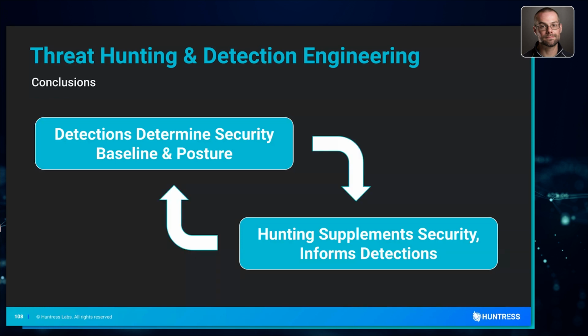As a result, these items should be mutually reinforcing, with detections identifying or communicating gaps that we could use to hunt in from the hunting perspective, while the outputs of successful and even potentially failed hunts then go back to the detection team to inform future detection development and deployment. And this process could run for an infinite number of cycles as we continue to adapt to and identify adversary operations.